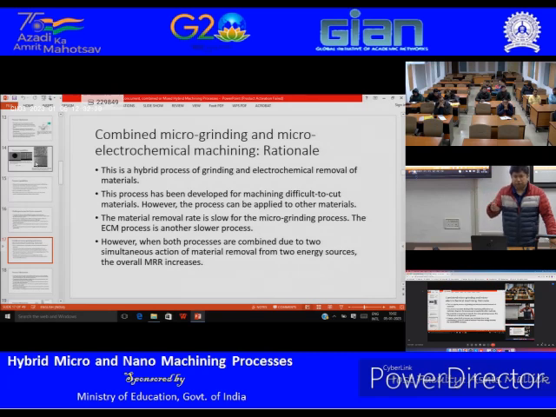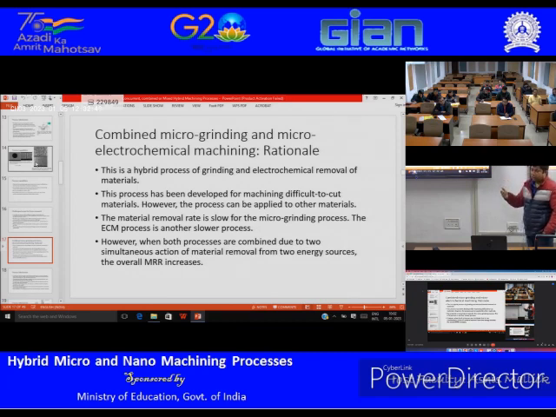If you want to do non-conductive, just like ECDM, you add another auxiliary electrode. So you can modify the microgrinding process by adding an electrolyte, and then connecting that with the pulse generator, and then that process will become the combined microgrinding and micro ECM process.